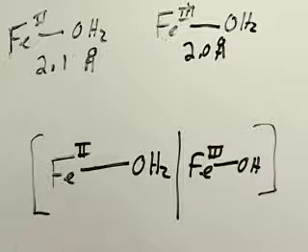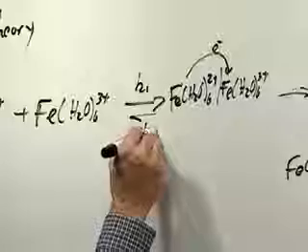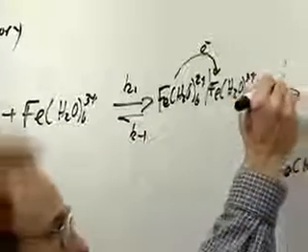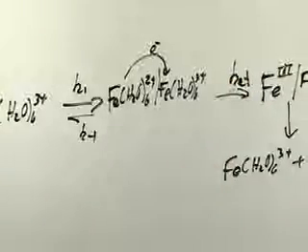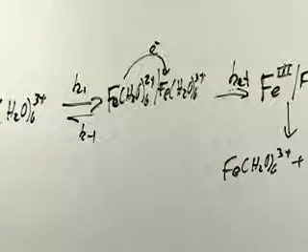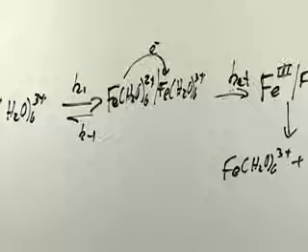So the first thing I want to do is draw a potential step, and I'm going to say the precursor formation has a rate of K1 and K minus 1, and this is the electron transfer step with a rate of KET. And so what I'm going to do is set up a steady state for the reaction.